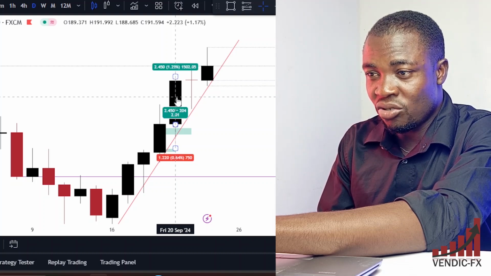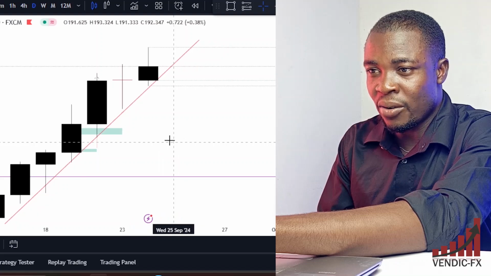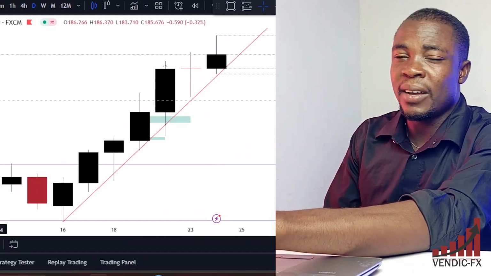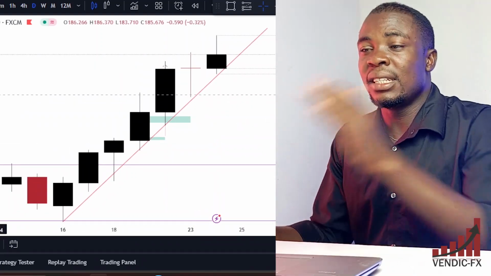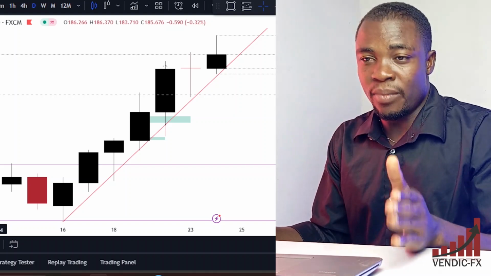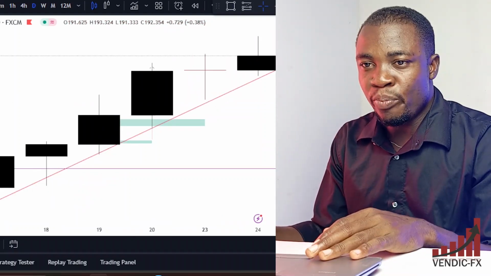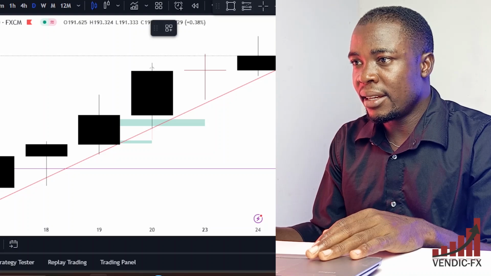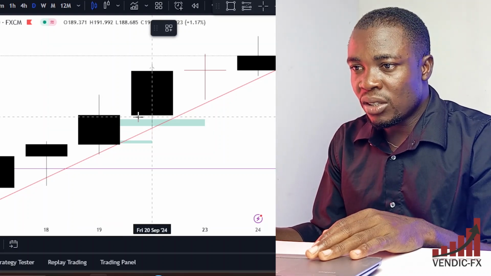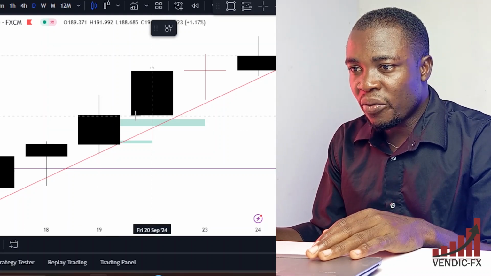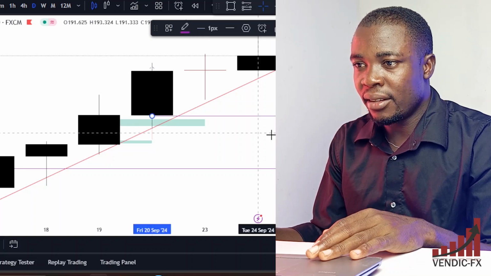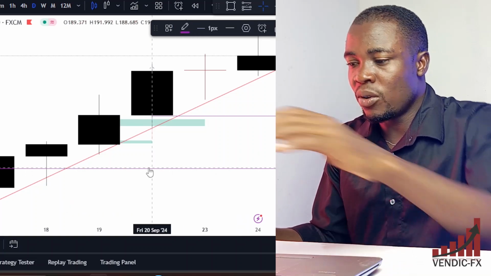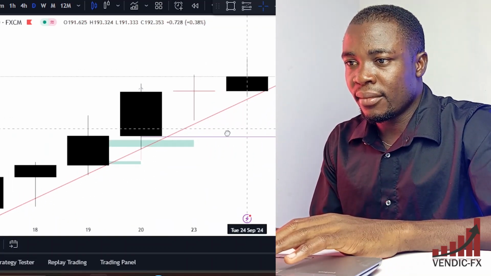I think I took a trade; when I expand, you will see it. I have an indicator that always divides my day for me. This was the opening of Friday. That line there was the opening of Friday.